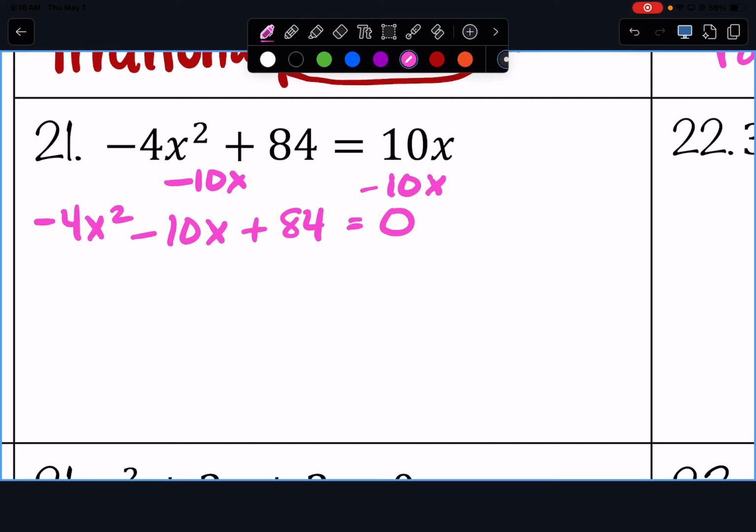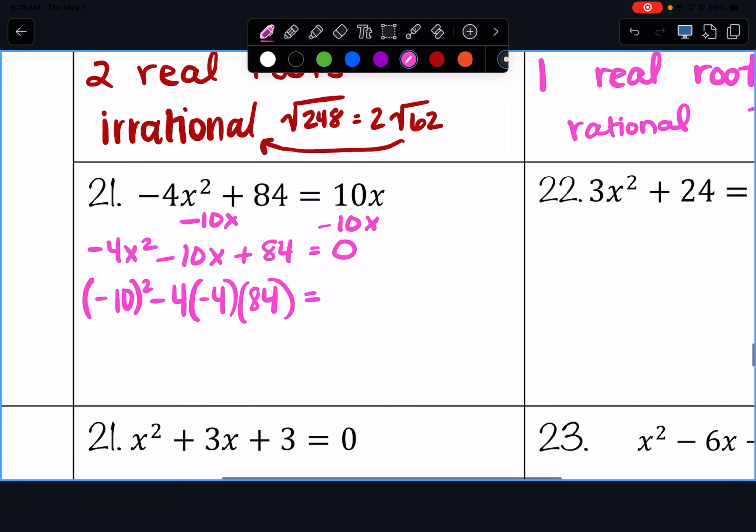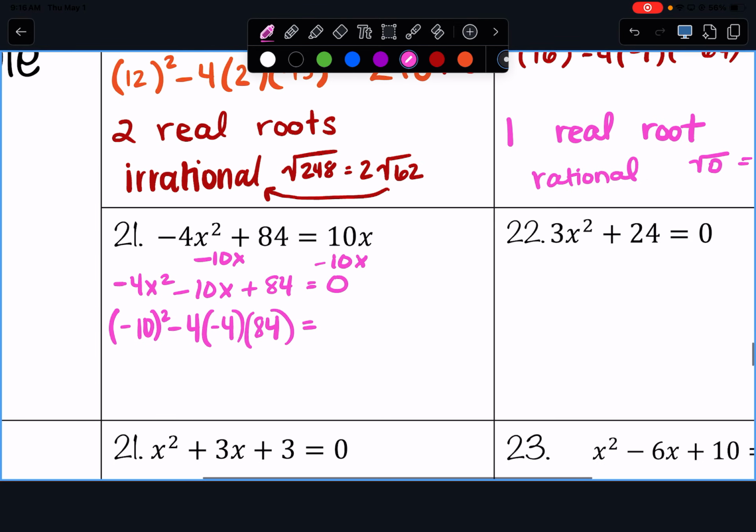Now, we're going to do our discriminant. What is b? So do negative 10 squared minus 4 times a times c. What does that equal? I got 1,444.